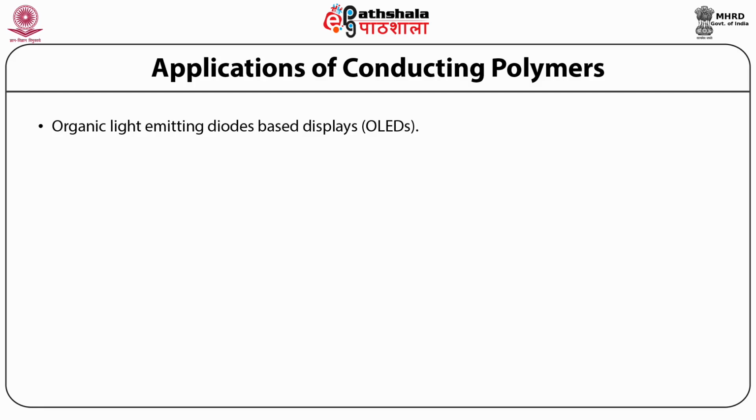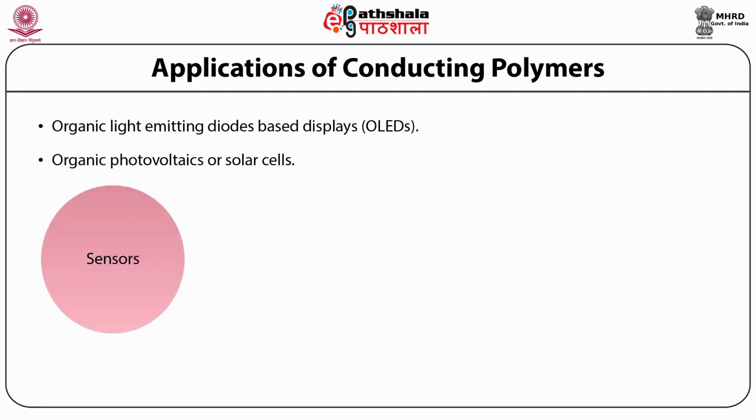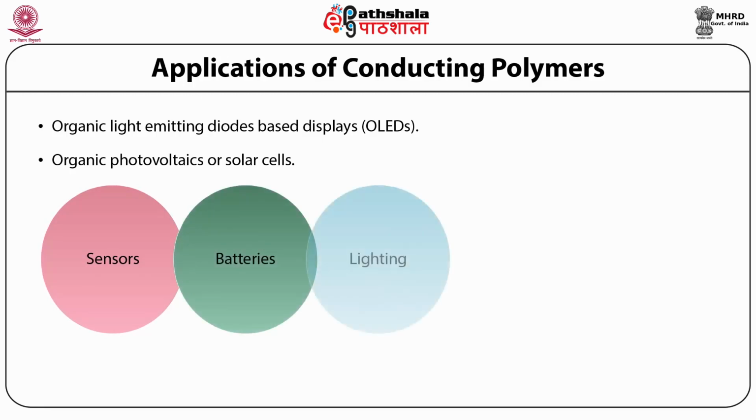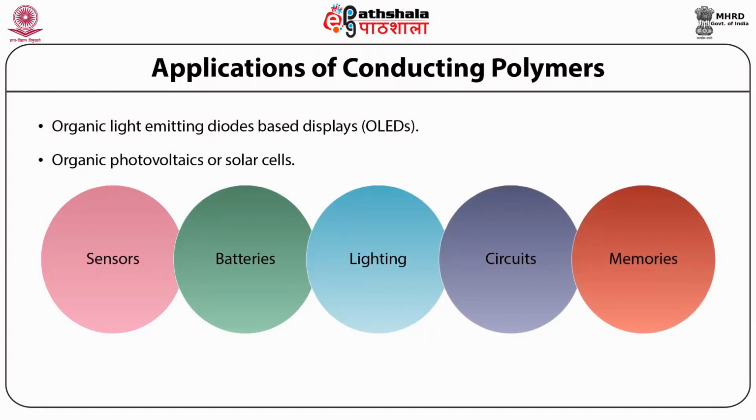Conducting polymers are used in a variety of devices such as OLEDs or organic light emitting diode based displays, second, organic photovoltaics or solar cells, sensors, batteries, lighting, circuits, memories, etc. Out of all these applications, the first two, that is, organic light emitting diode based displays and organic photovoltaics or solar cells, are the most important applications.